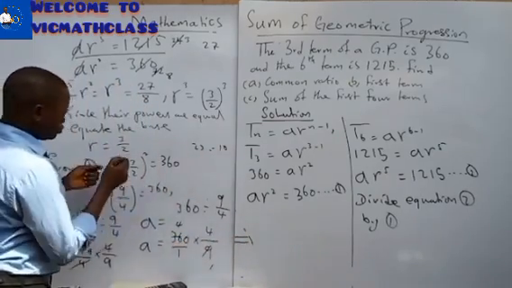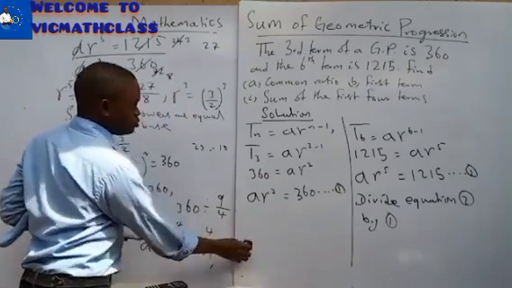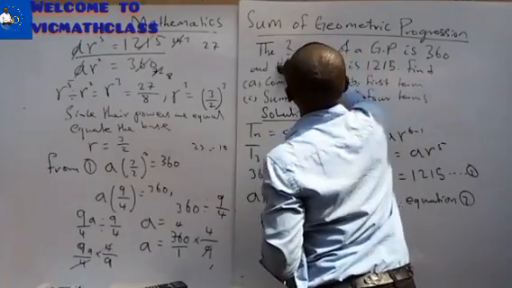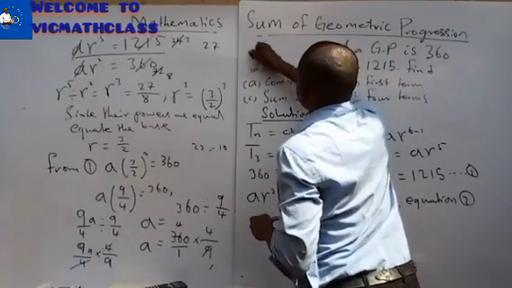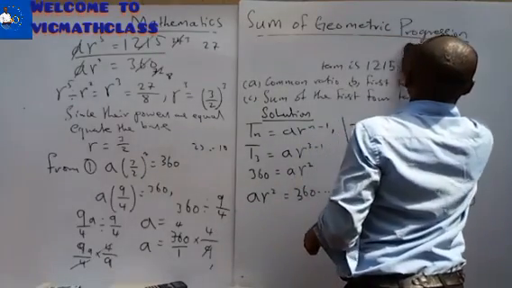I think I have some more questions to answer. Let me not do that. So in a second, because we have not calculated the first term, we have got the common ratio.